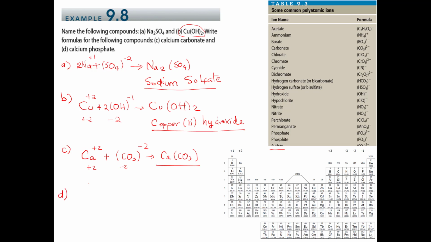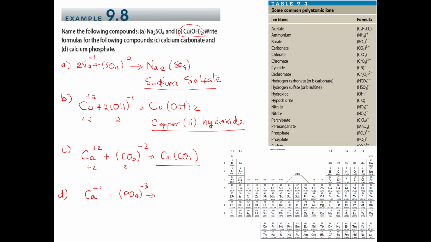Then let's try D. D, we want calcium phosphate. Calcium, and now we know calcium is +2, then phosphate is -3. We need to check if we had a neutral compound.